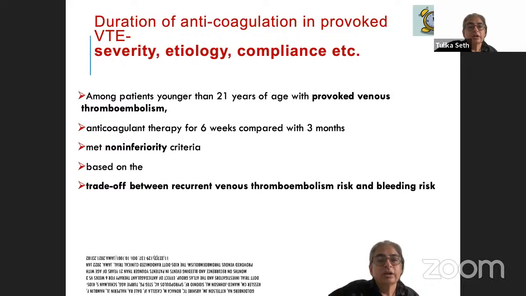So when we are looking at the duration of anticoagulation, it's important to look at the severity of the venous thromboembolic phenomena, the etiology, compliance and other factors to decide how long you want to treat. Often what we do is a D-dimer and repeat imaging before we stop any anticoagulation. If you still have an acute thrombus, we don't stop.